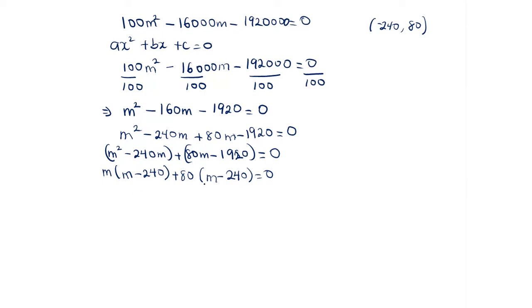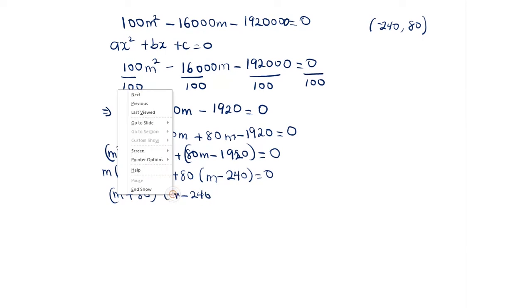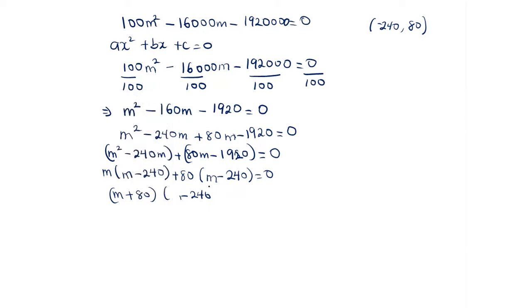When you reach here, we bring those outside the bracket together and pick one of the contents inside the bracket. So this will give me (M plus 80) times (M minus 240), then we equate all to 0.